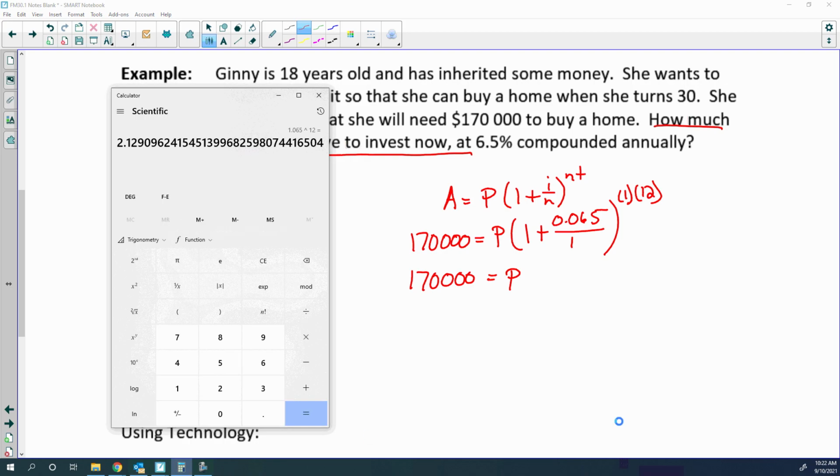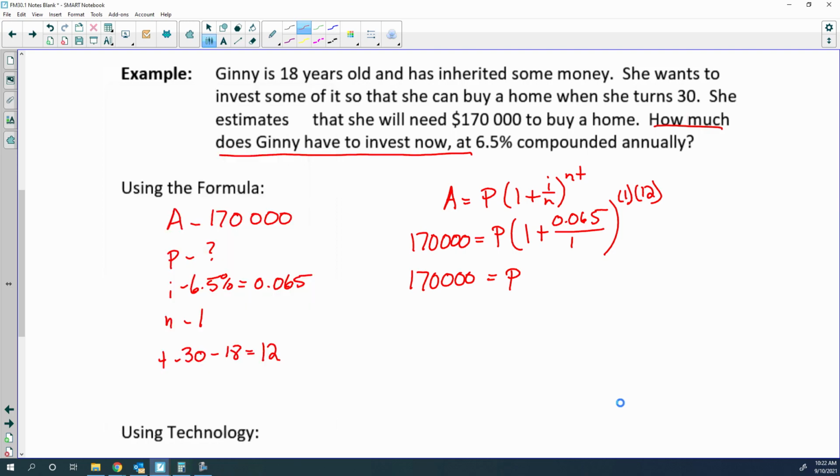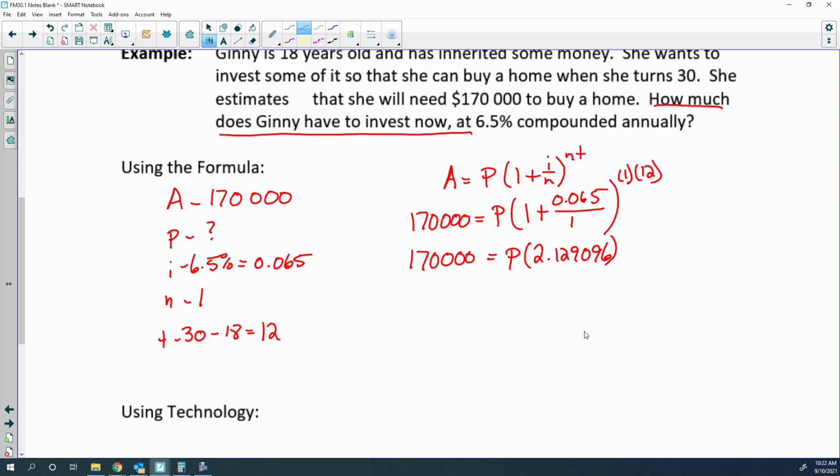So 2.129096 is what I'm going to write down for the brackets. Now I just have to finish getting P by itself. So I'm going to divide by 2.129096 to get it to cancel out on the right side, and I'm going to do the same thing to the left side.